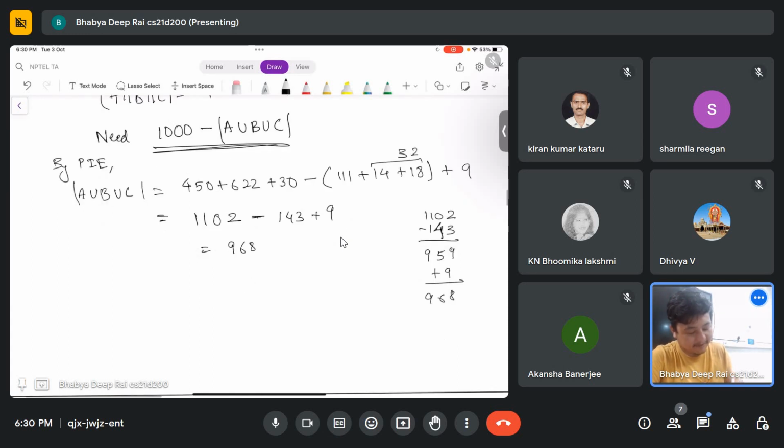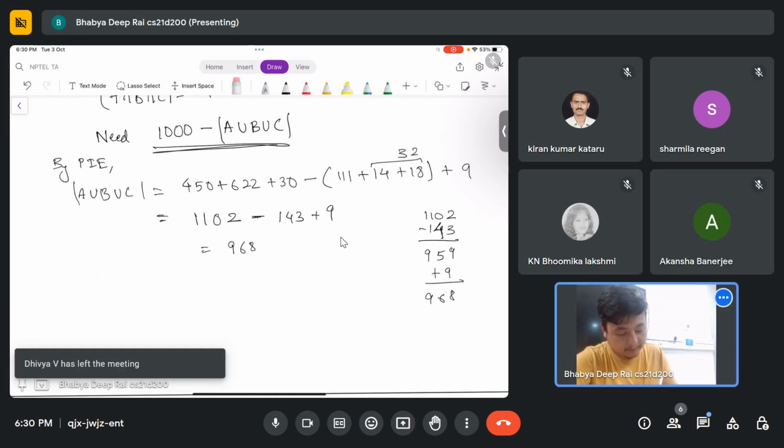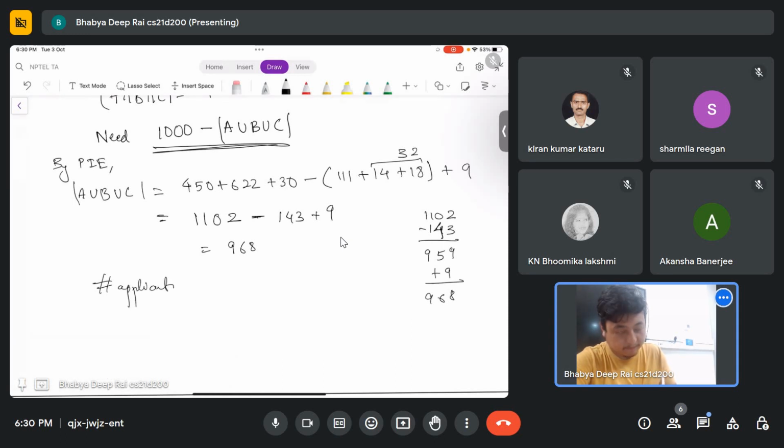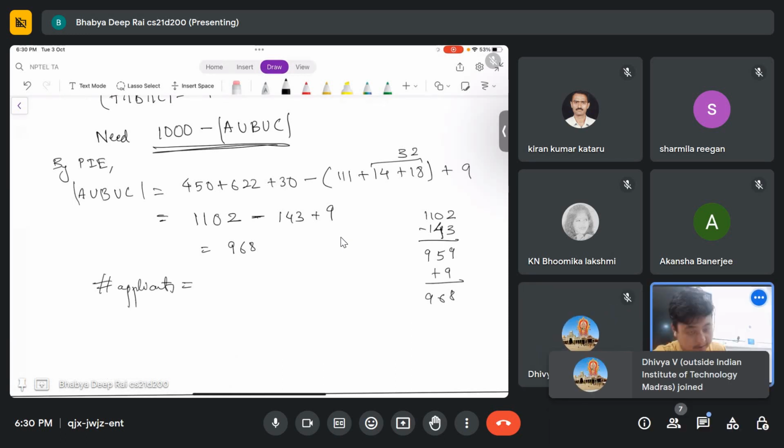And how many applicants are there? Number of applicants equals 1000 minus 968.